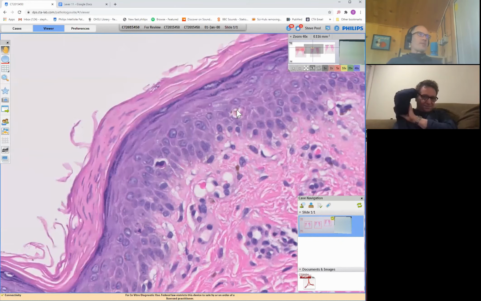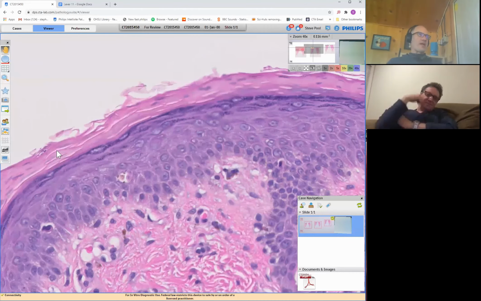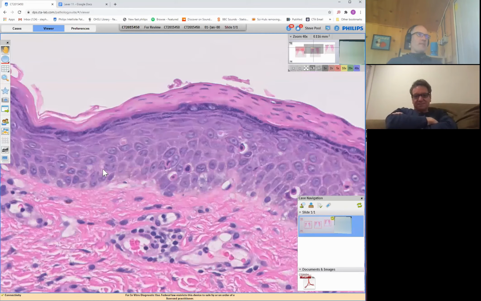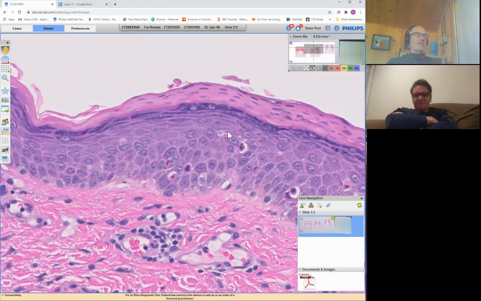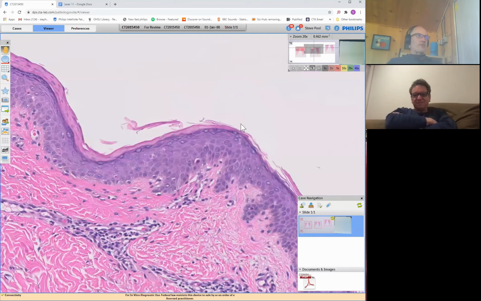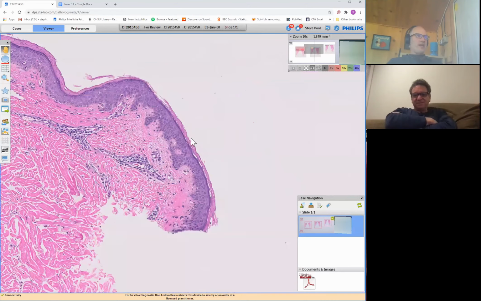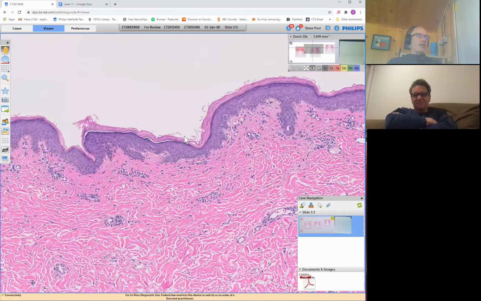There are quite a few apoptotic keratinocytes here, so that also matches with that. And then if you look, we're seeing them in the upper third of the epidermis, something you don't usually see in lichen planus. Your apoptotic cells are generally down towards the base of the epidermis in lichen planus. And here we're seeing parakeratosis. So those are helpful clues that this is a lichenoid drug eruption rather than lichen planus.